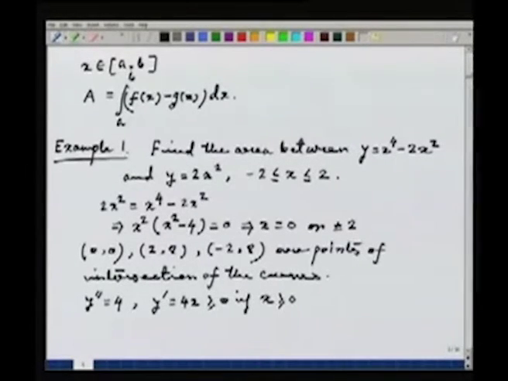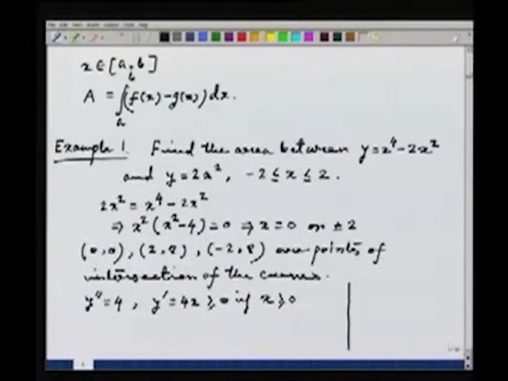And since it's an even function, the curve is actually symmetric about the y-axis. And then it is very clear how the curve actually looks like. So I will draw it here. This is 2, minus 2, 2. Then the curve looks exactly like this. This is the curve y equals 2x square.